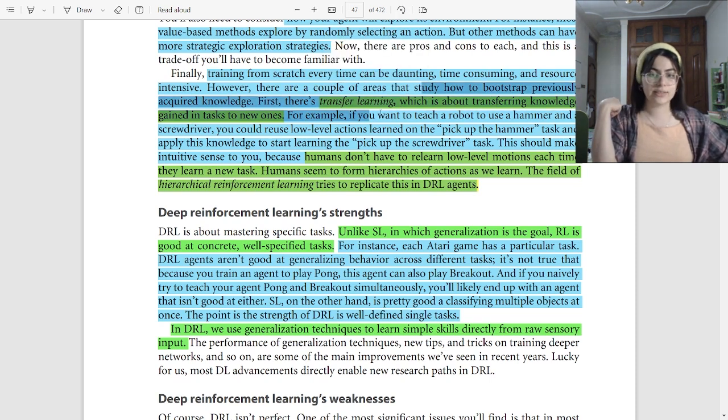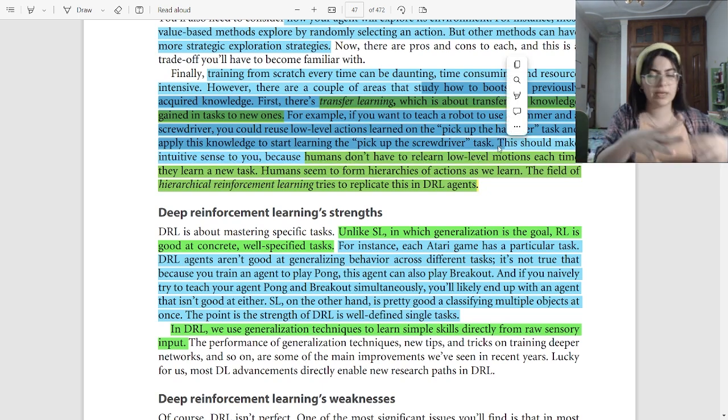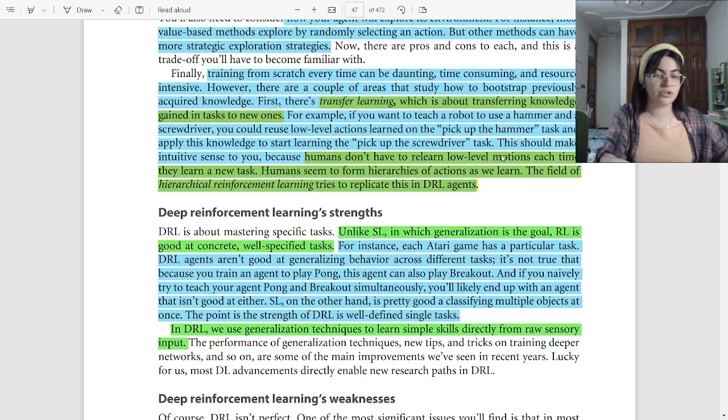Yeah, and for example, if you want to teach a robot to use a hammer and a screwdriver, you could reuse low-level actions from, for example, the pick up the hammer task, and then use this knowledge for the pick up the screwdriver task. Although the environment will be different, because the robot has some prior knowledge, it will be much easier and faster to learn to pick up the screwdriver.